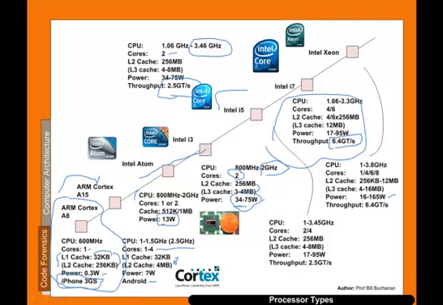That's 6.4 billion transactions per second, and we have between 4 and 6 cores with a fairly fast speed. And then the device that's typically used in server type technologies, the Intel Xeon, where we can have between 1 and 8 cores, lots of cache memory and a very high throughput.